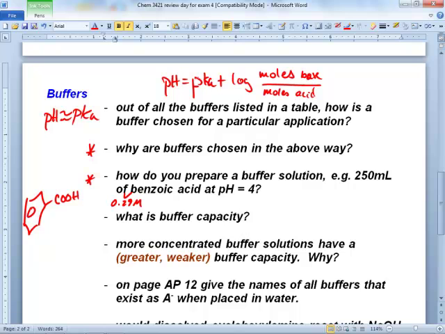So if you're adding acid, the moles of conjugate base number is getting smaller, it's reacting, and it's forming the conjugate acid, so that number is getting bigger. So you're changing that ratio, you're changing that log number, whatever it is, you add it to the pKa, you have a new pH. So that's what you're messing with. You're just messing with that population. Okay.